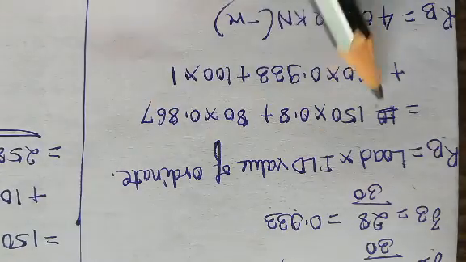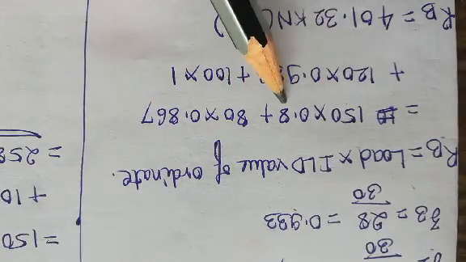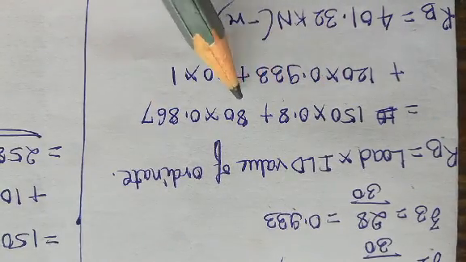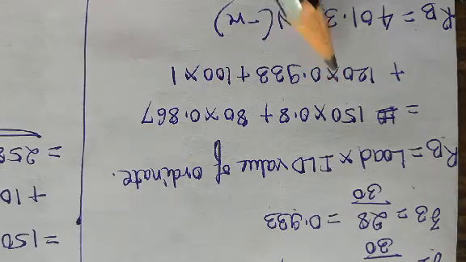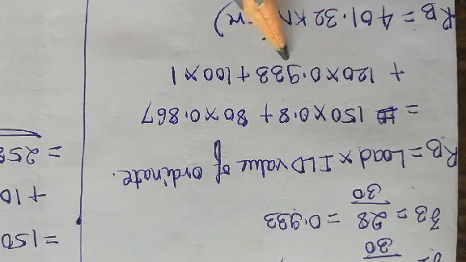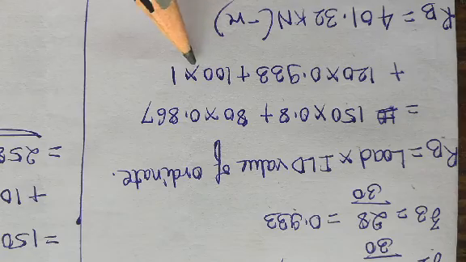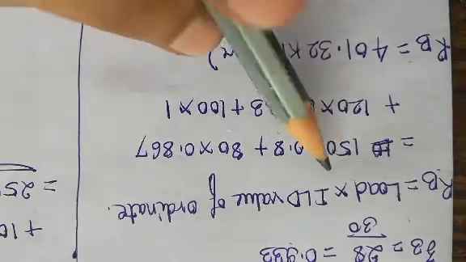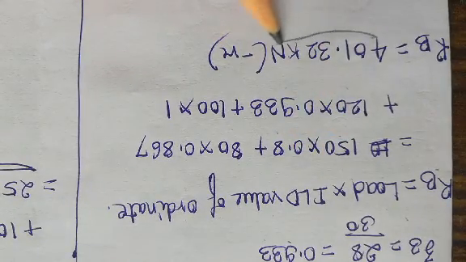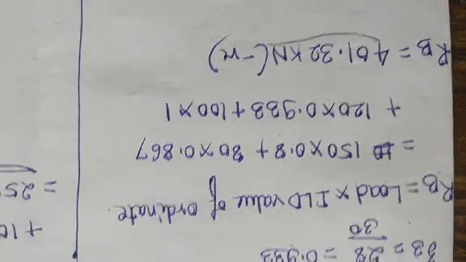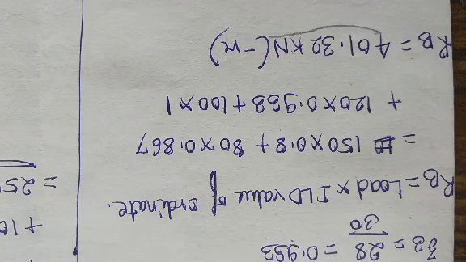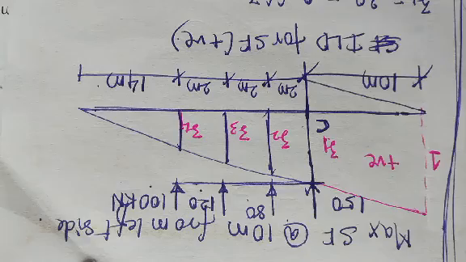So that is what I have written over here: 150 into 0.8 plus 80 into 0.87 and 120 into 0.933 plus 100 into 1. After doing the calculation part, we will get it as 401.32 kilonewton, and we have taken it as negative.